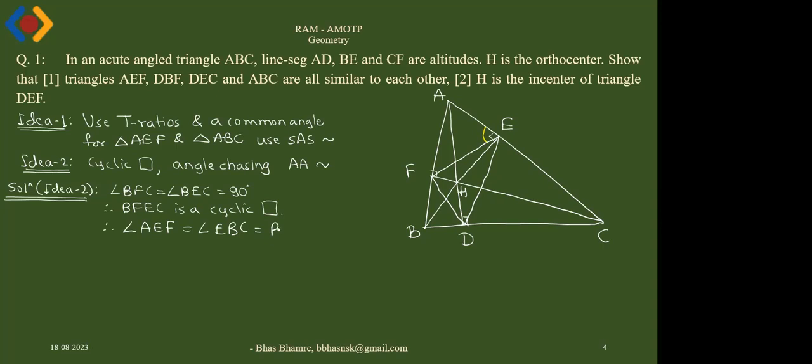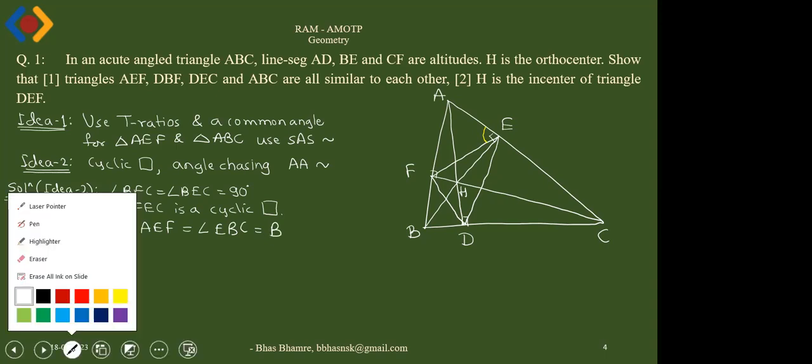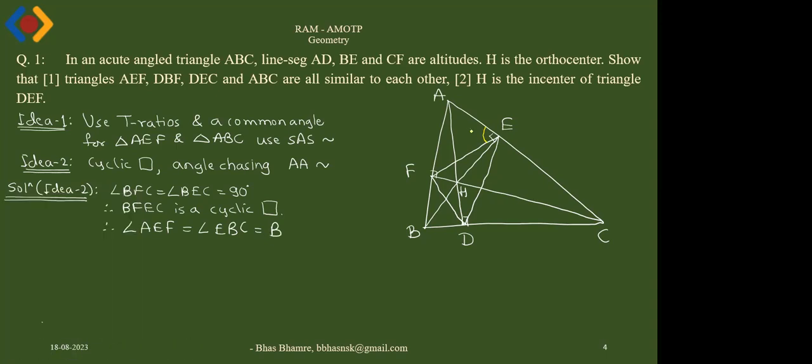That is EBC, that is B. Sorry for that. So this angle is B. Any question? Because AEF is the exterior angle of cyclic quadrilateral BFEC, and so its measure is equal to the opposite interior angle.